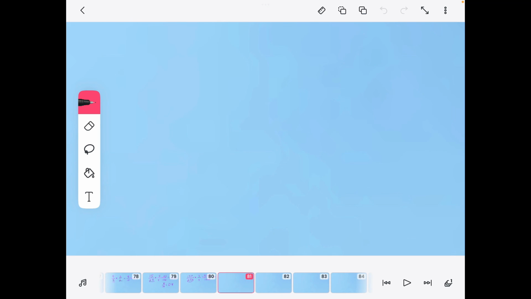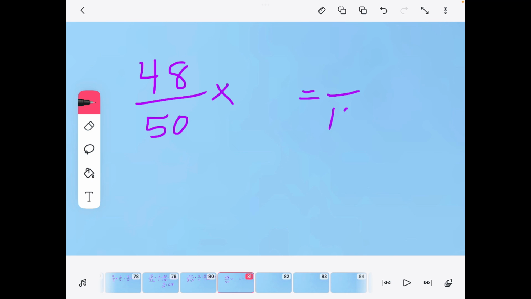Let's look at one more before we take off here, okay? How about 48 over 50? Okay? Start with the end in mind. 100, because I have 2 digits. I have the 1 and the 2 zeros, okay? All right. Now, what times 50 will equal 100?